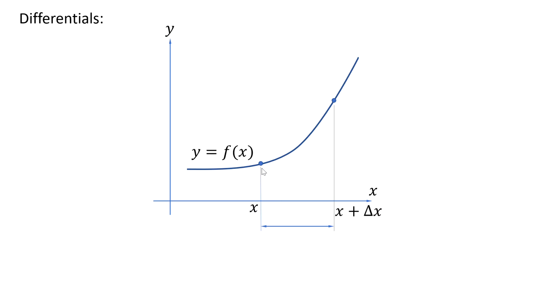The x coordinate of the left point is x, and the x coordinate of the right point is x plus delta x. So what's the distance between them? What is this distance I showed with a double arrow? Simple: x plus delta x minus x, which is delta x.